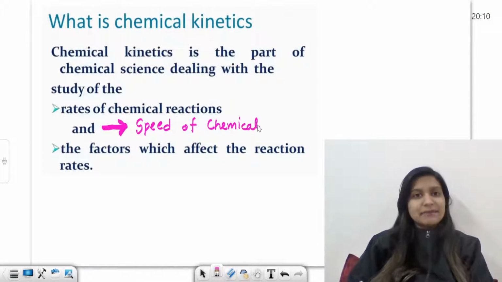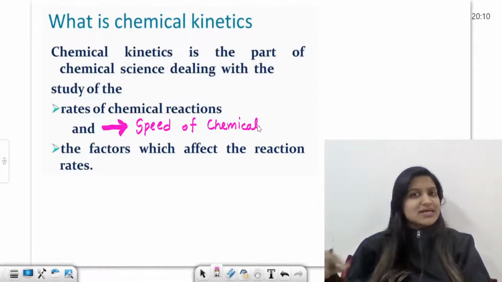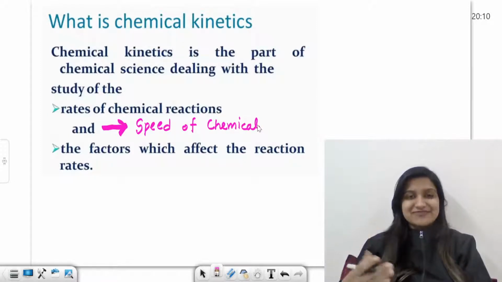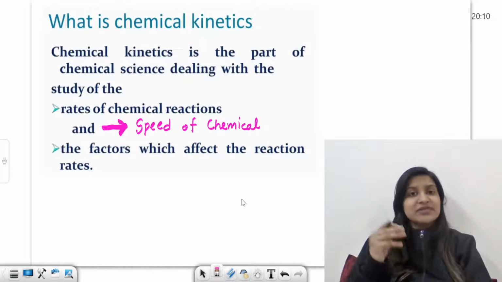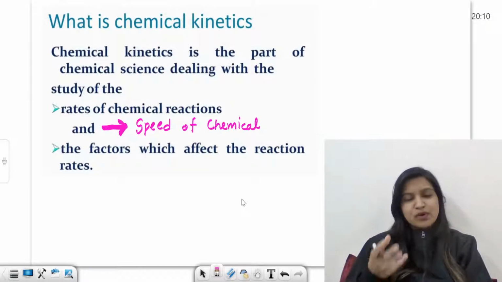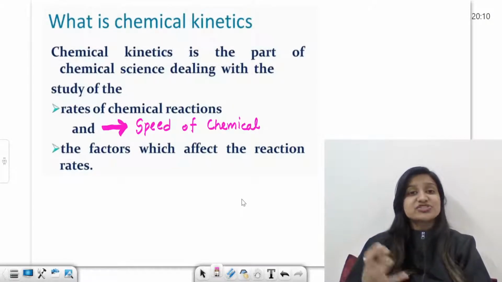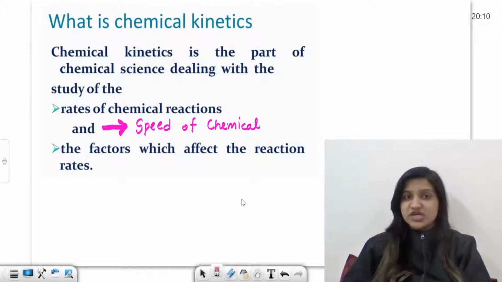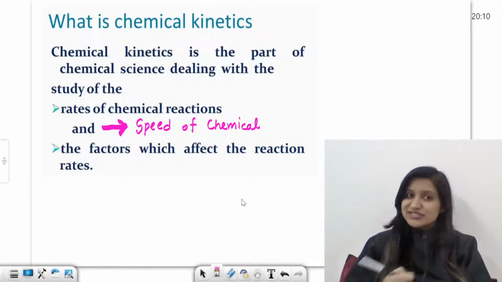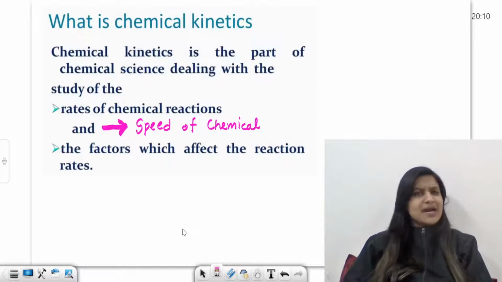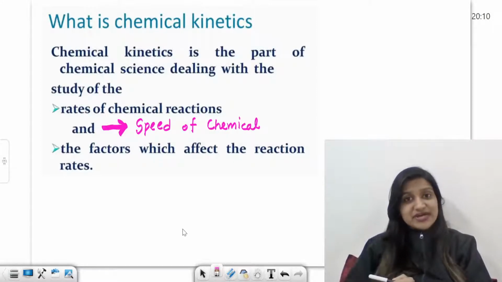Like, is it happening very fast? So it's a fast reaction when the speed is very fast. If your reaction is happening at a slow rate, very slowly going towards completion, then it is your slow reaction. And what is a moderate reaction?